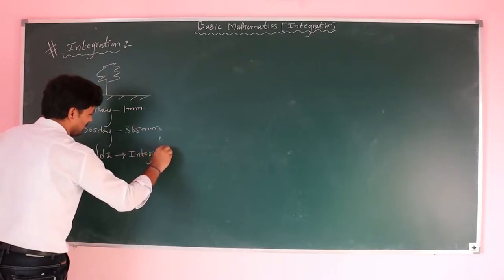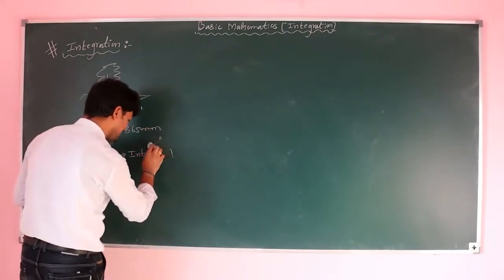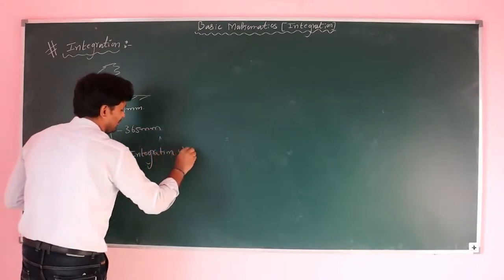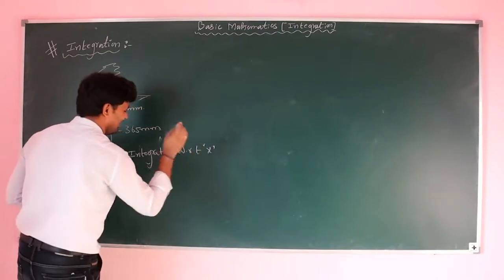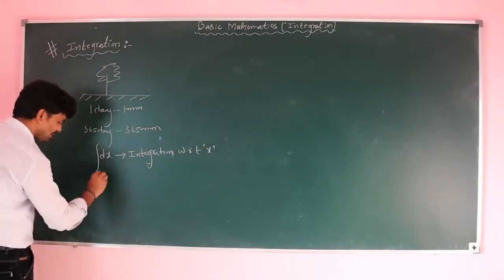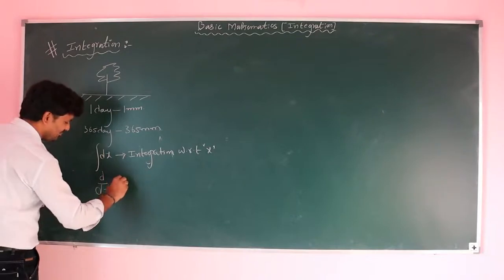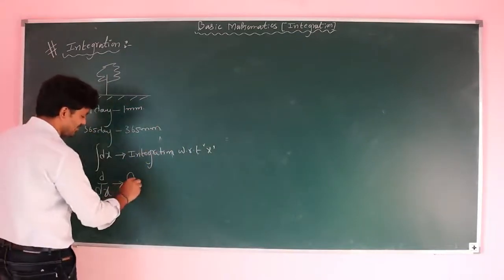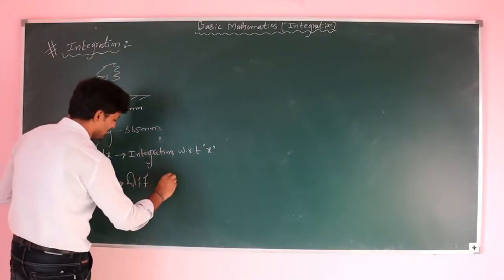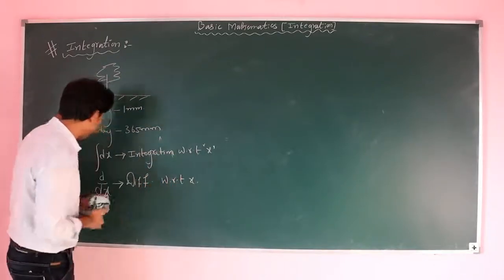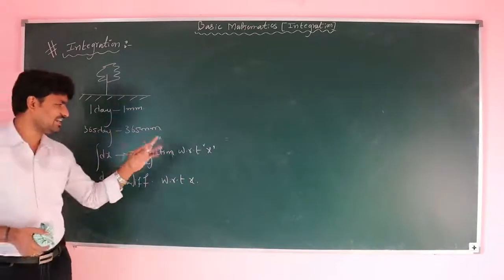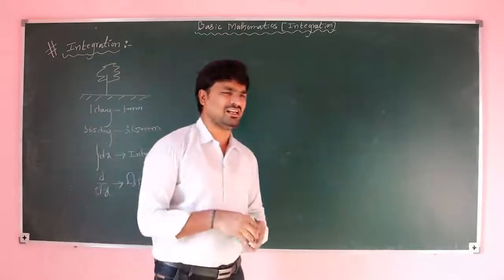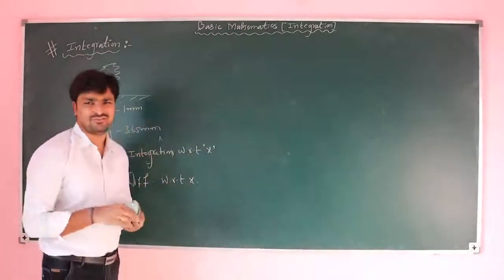So d by dx means differentiation with respect to x, and integral dx means integration with respect to x. How do we take the integration? It is very simple. Integration is completely opposite to differentiation.